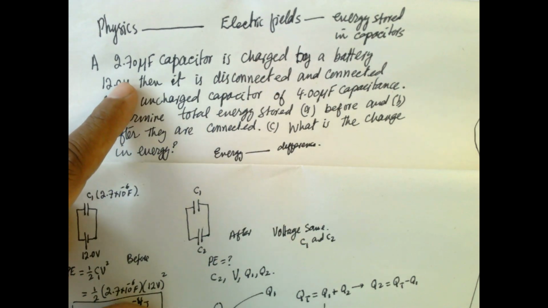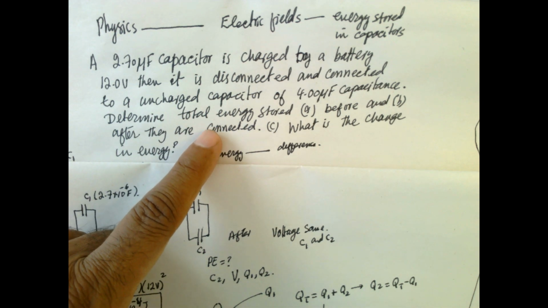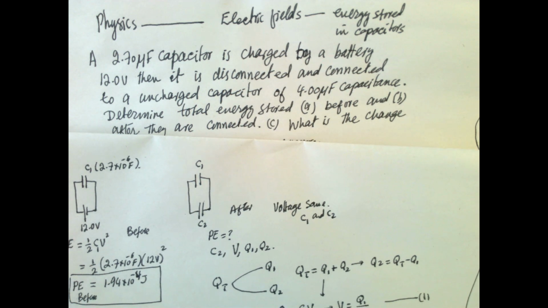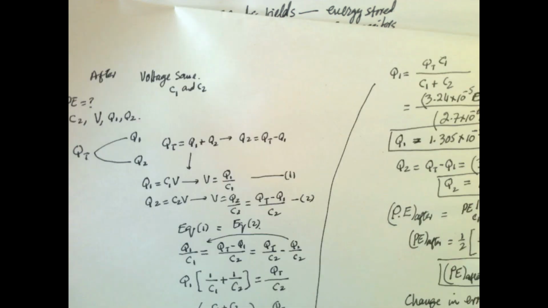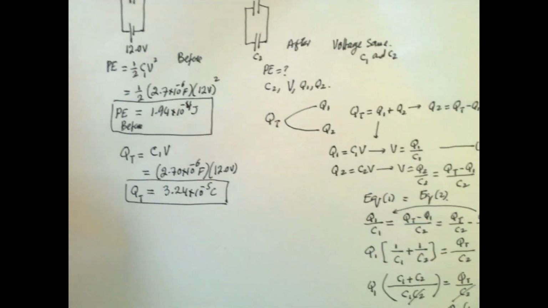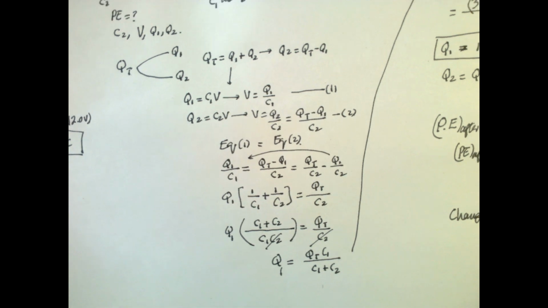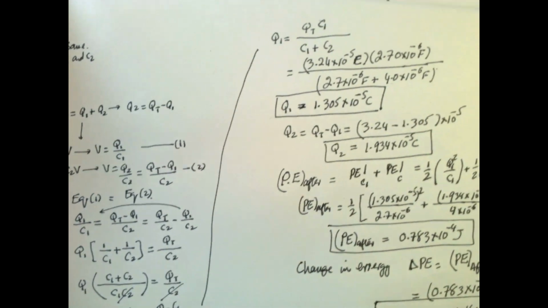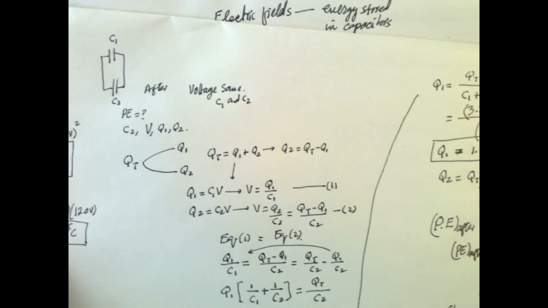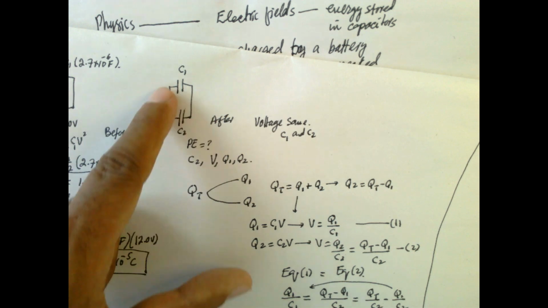Two capacitors charged and disconnected, what will be the stored energy, and what is the difference? The difference will be negative. So this is the answer of this question. Solve this one: first find the energy, then the total charge, then express the total charge in terms of Q1 and Q2.